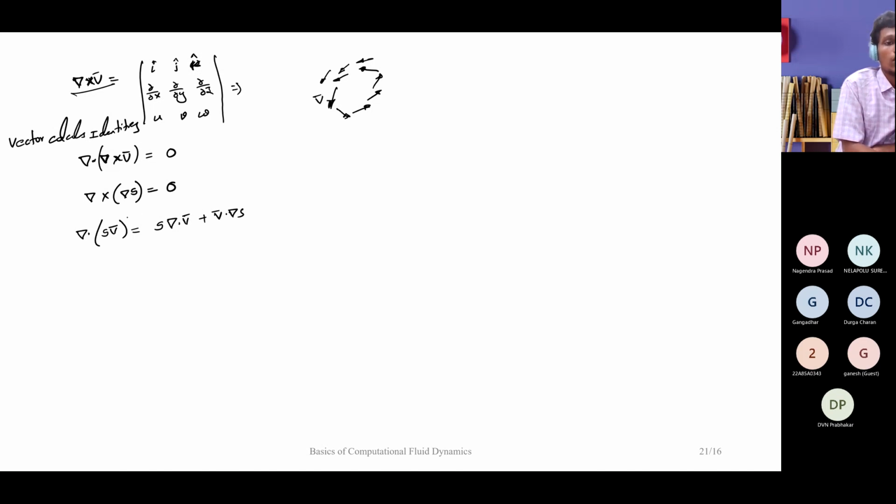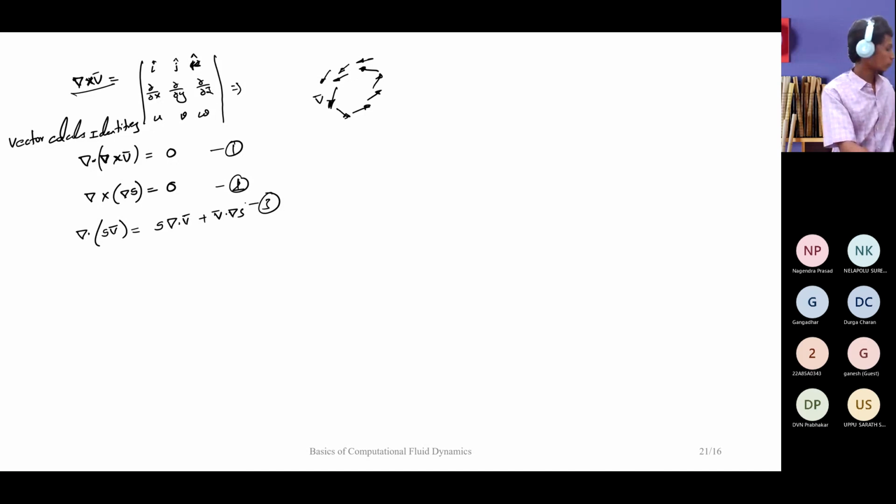You just need to see these equations and how they behave. I will forward all these equations to you through some Google folder, so you can have a look.